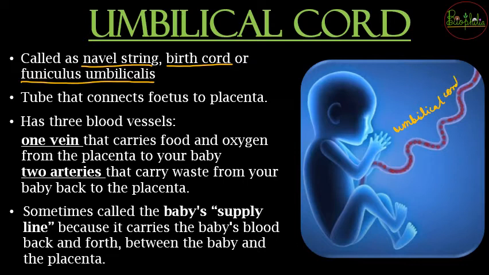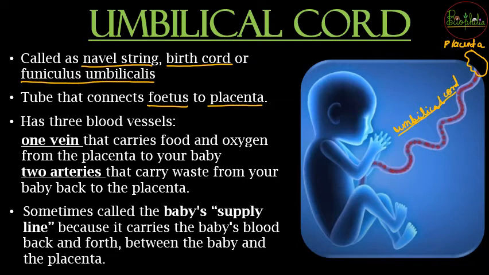So this umbilical cord is going to be the tubing like structure, a tube which is going to connect the fetus to the placenta. So for example यहाँ पे होगा placenta, and this placenta is going to have the extension that is going to form the umbilical cord, and it will be attached somewhere up till the navel of the fetus.